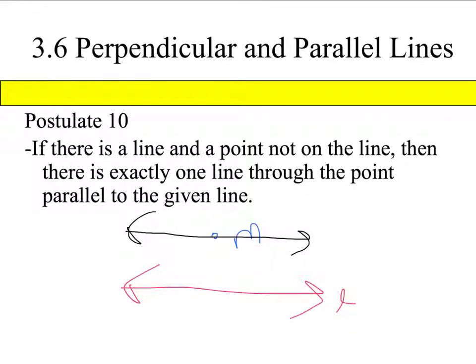That line right there, there's only one line that can take that trajectory to make it parallel to line L. Okay, make sure you write that down.